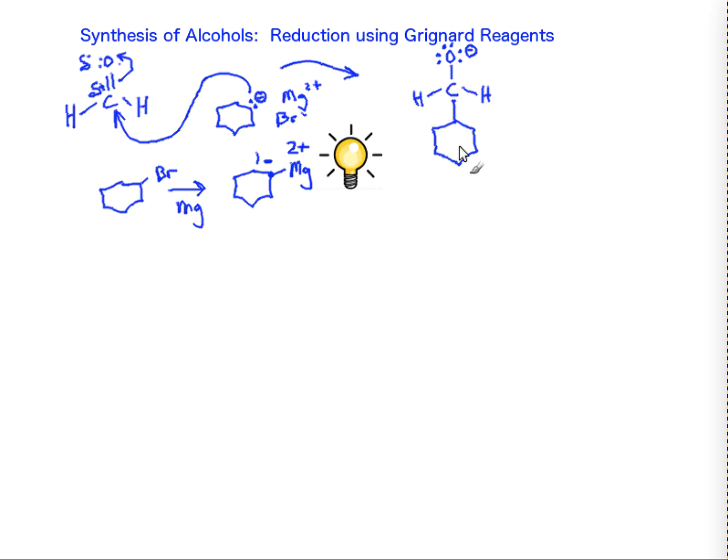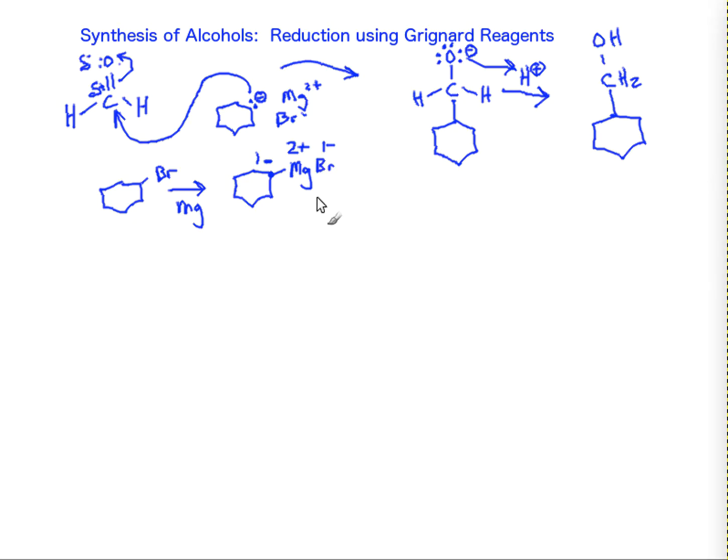So we're sort of done here, like we were with aldehydes and ketones. That alkoxide in the presence of acid will become protonated. CH2OH. And that's our final product for that reaction of a carbonyl-containing compound with Grignard reagents.